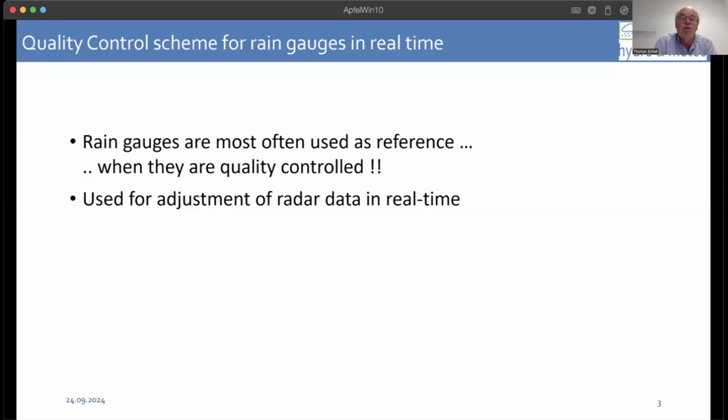And so these quality control steps are most relevant for adjustment of radar data in real time, which is quite often done, in particular if you do not have all these dual pole data available that Ricardo told about.